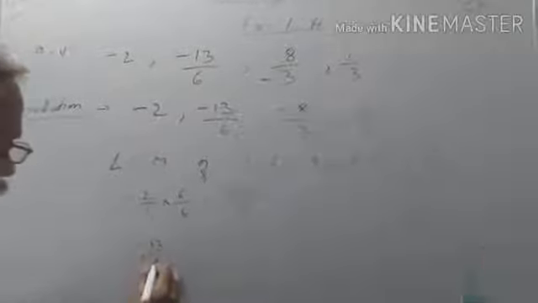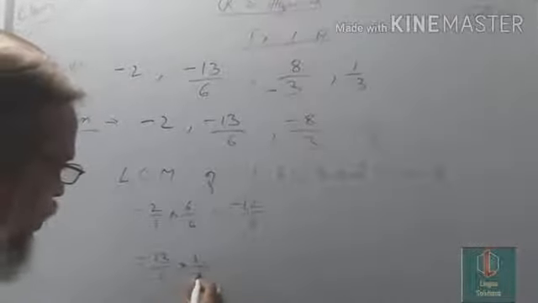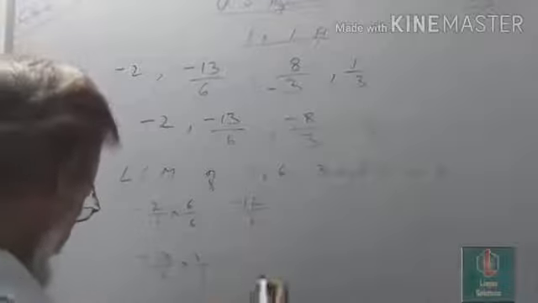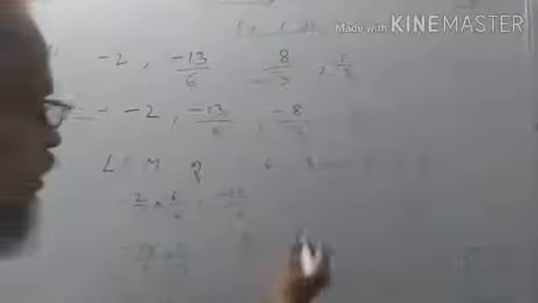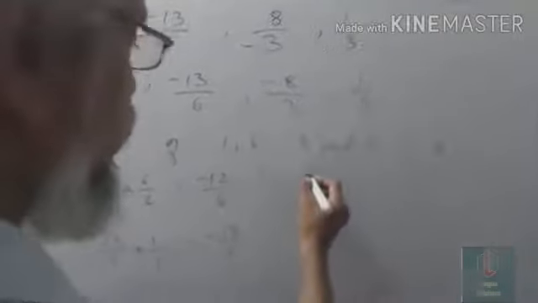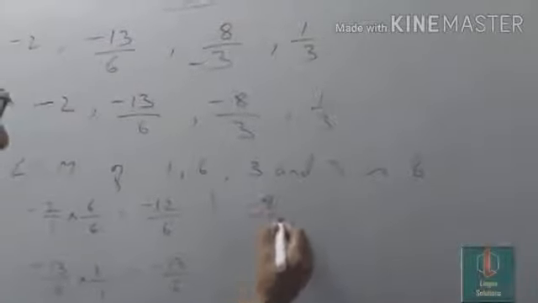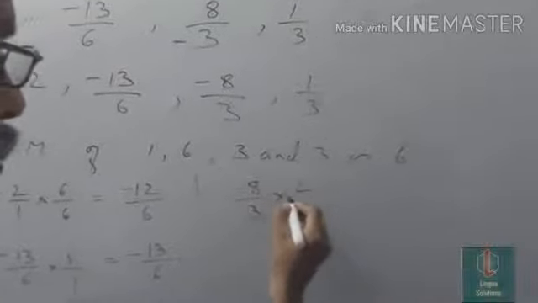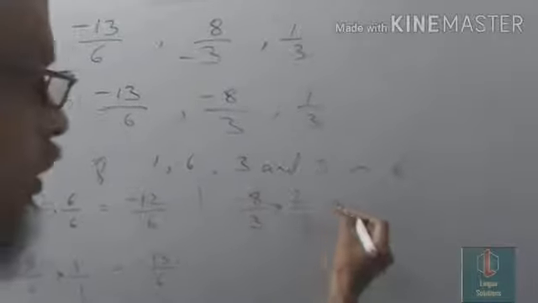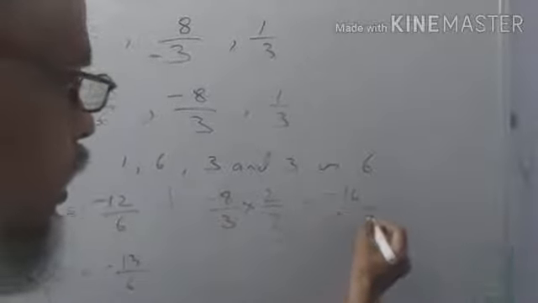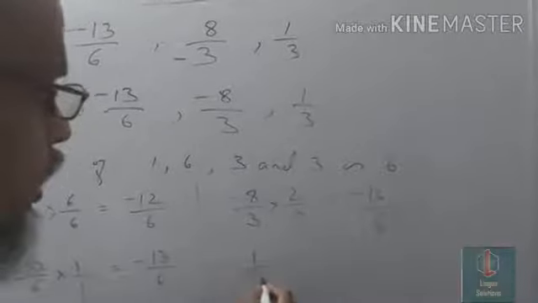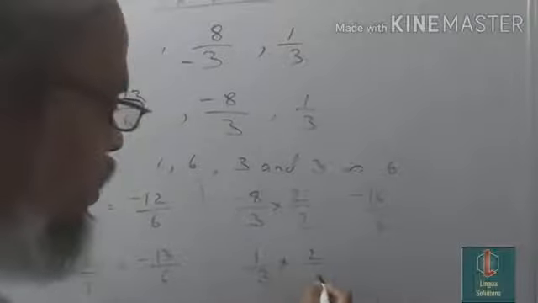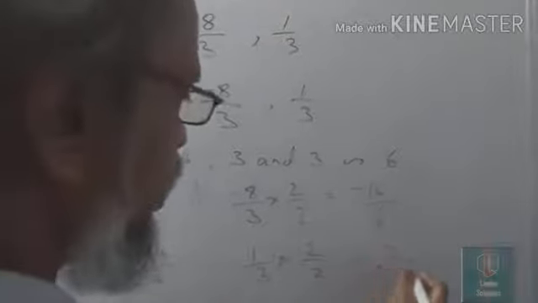Minus 13 by 6 into 1 by 1 is equal to minus 13 by 6. Now minus 8 by 3 into 2 by 2 we get minus 16 by 6. 1 by 3 into 2 by 2 we get 2 by 6.